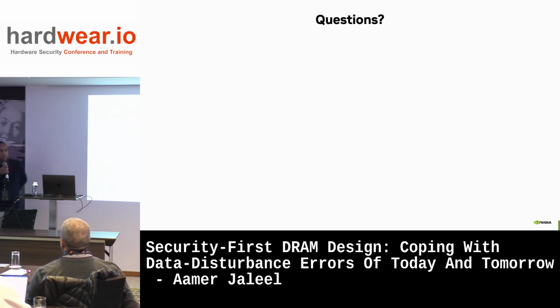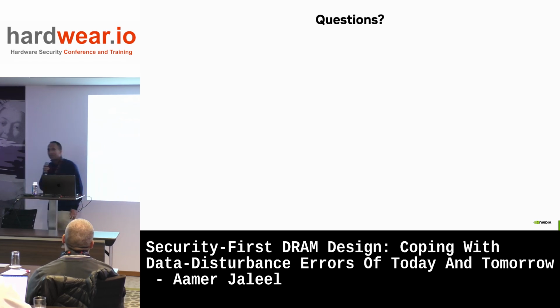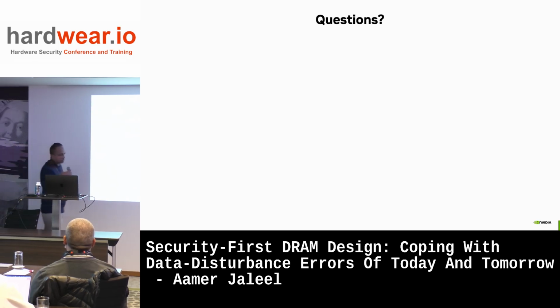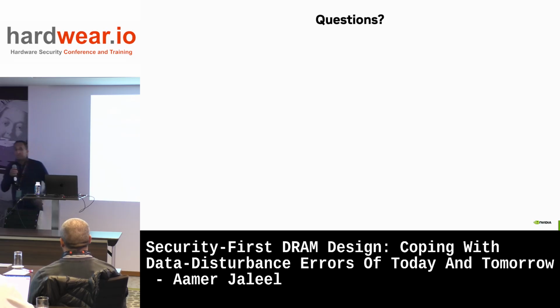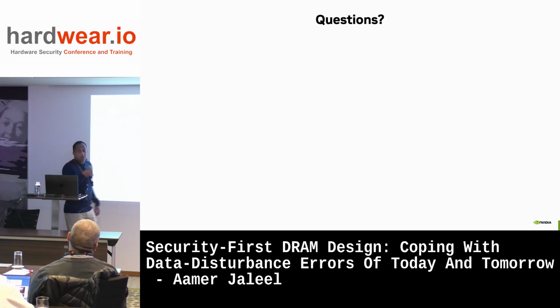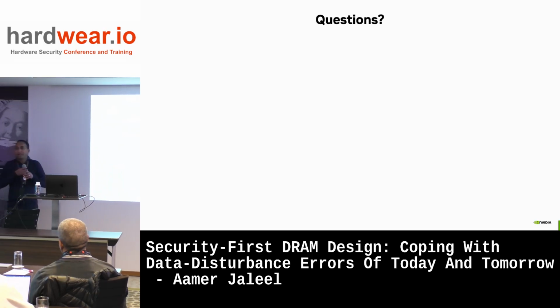The question that has been asked is, how much longer are we going to keep with DRAM technology? At what point are we going to change to a different technology? Is that a good summary of what you have asked? There are other technologies out there, but each of them has issues.